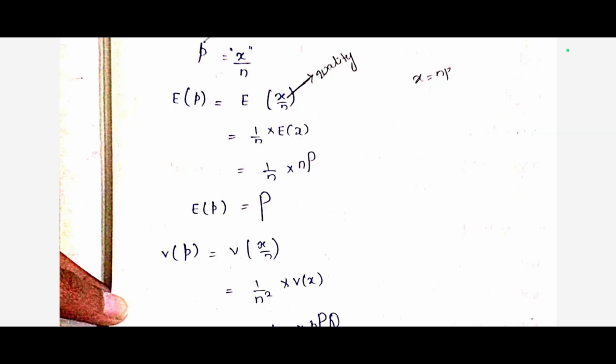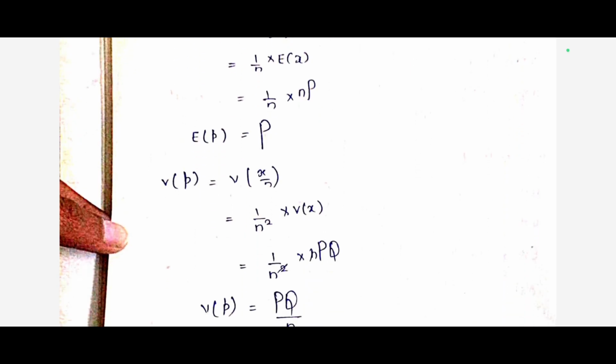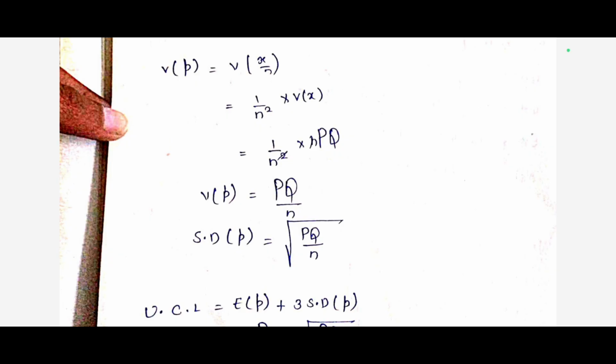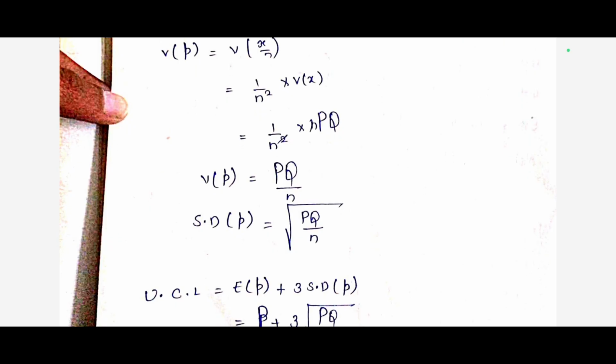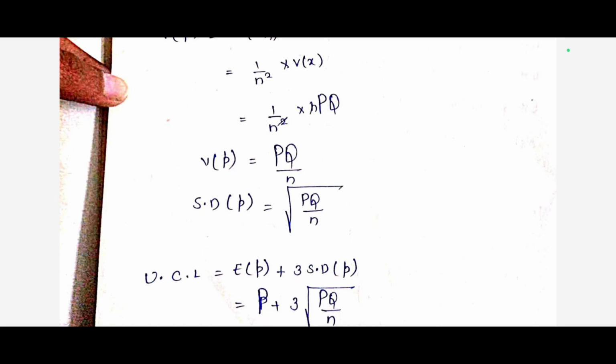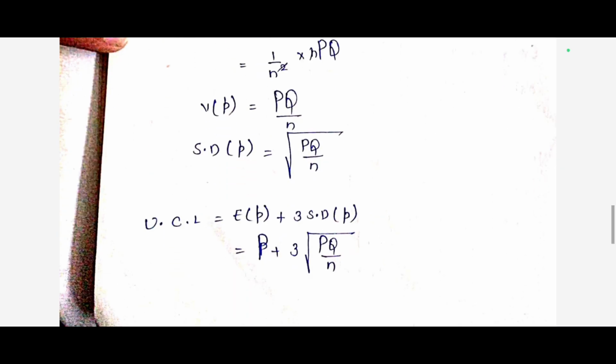Expected value of x is n into p, so n gets cancelled and we get capital P. Variance of p is equal to 1 divided by n square into variance of x. What is variance of x? It is npq, which is our binomial distribution value. So variance of p is equal to P into Q divided by n. So the standard deviation of that value is the square root of PQ divided by n.